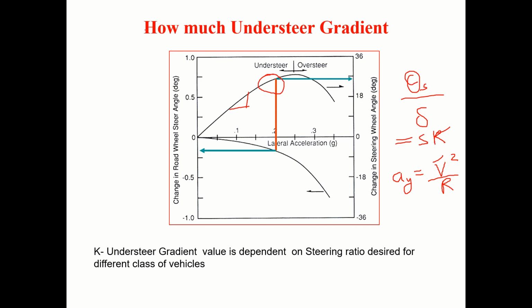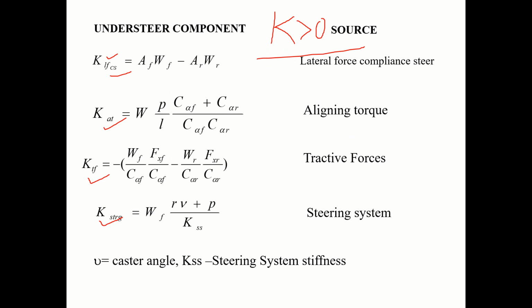Now if you think your vehicle is your design, put everything in place when you test, slightly understeer needs to be increased or needs to be reduced, then your vehicle will become sluggish and you want to make your vehicle a little responsive, you would like to reduce the understeer gradient. So which are all the parameters, which are all the gradients you have to adjust? You have lots of choices, but you have to carefully choose which is the right thing to do, because doing one will affect the other.